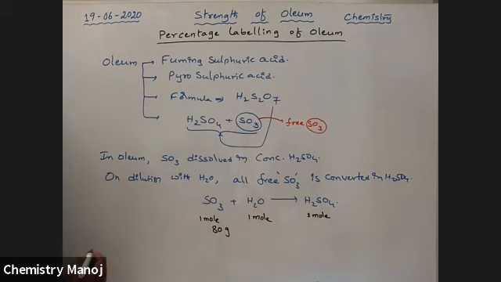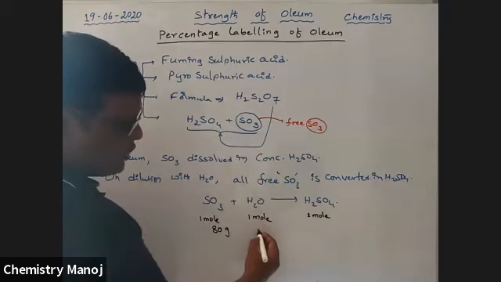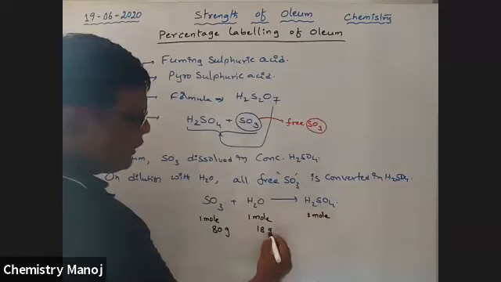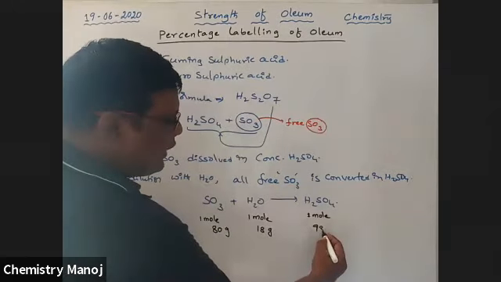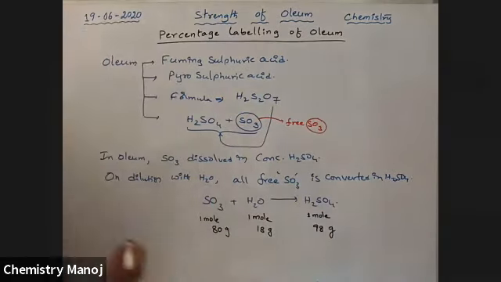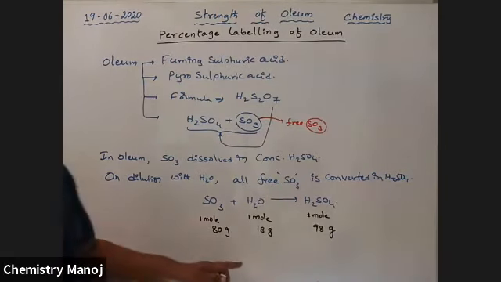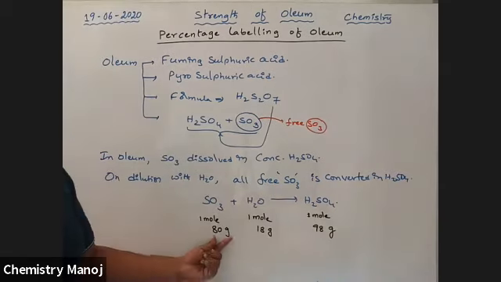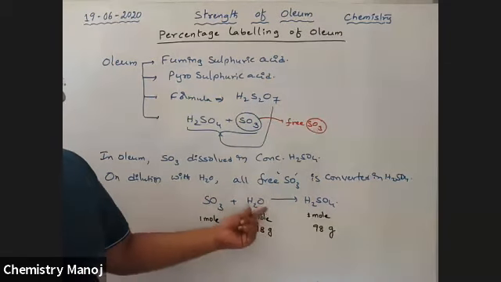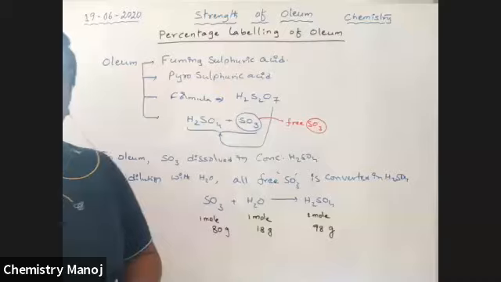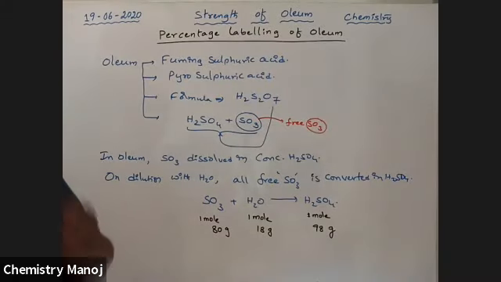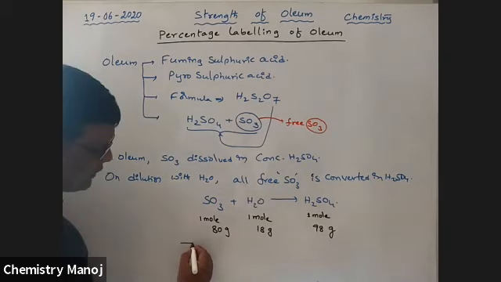So 80 grams SO3 reacts with 1 mole, that means 18 grams of water, and gives 98 grams H2SO4.